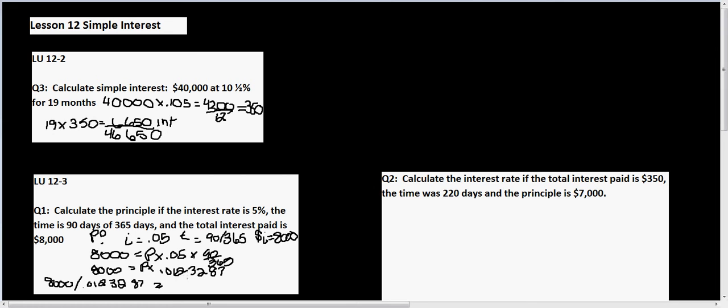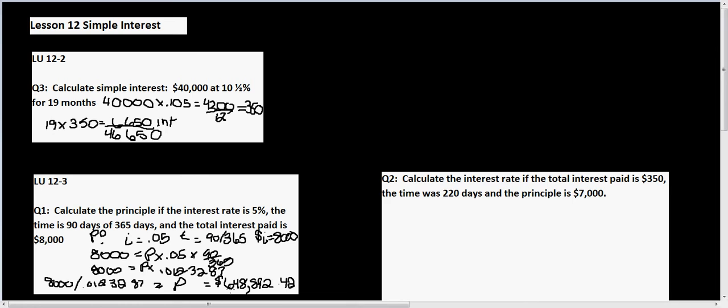And since I divided the left side of the equation, that eliminates the 0.01232 and leaves me with p. 8,000 divided by 0.0123287 is going to equal 648,892.42. That's our principal.